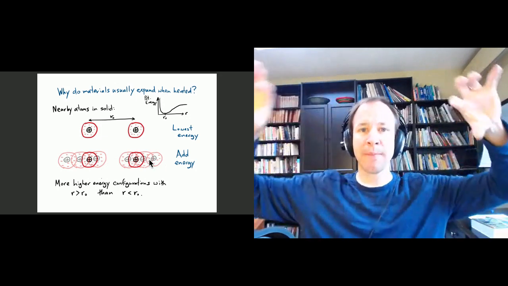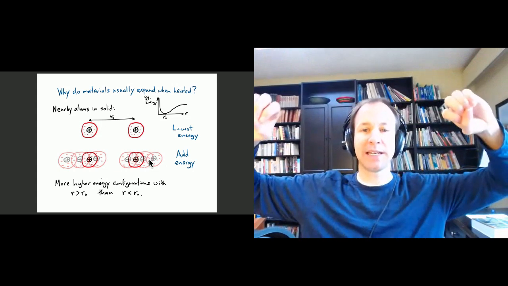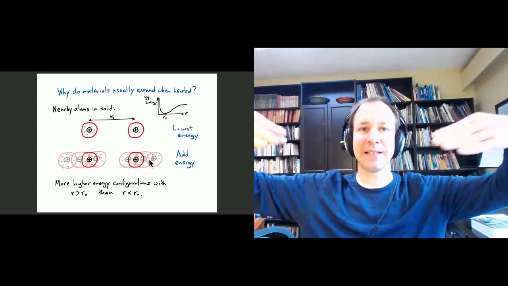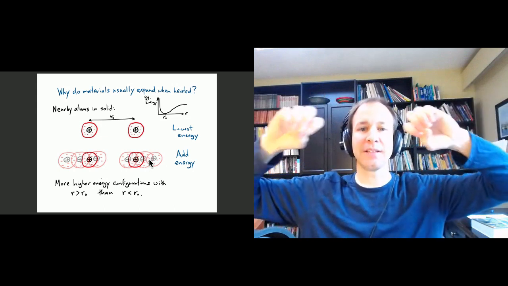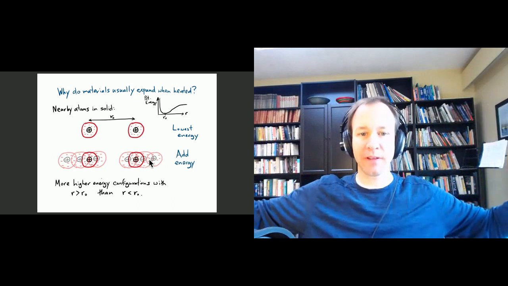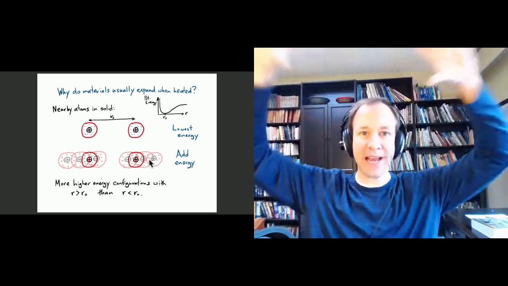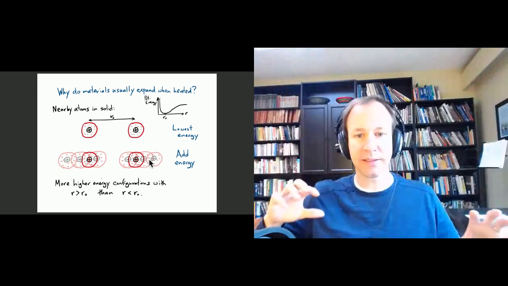just because there are more configurations, more possible distances that it could be at when it has that excess energy. And so the vibration is like it comes a little bit closer, and then it goes quite a bit further apart, and a little bit closer and quite a bit further apart. And so this is happening randomly with all your molecules in the solid.